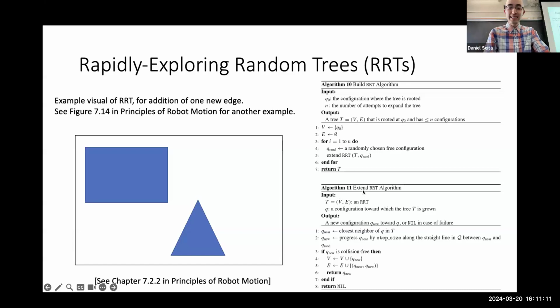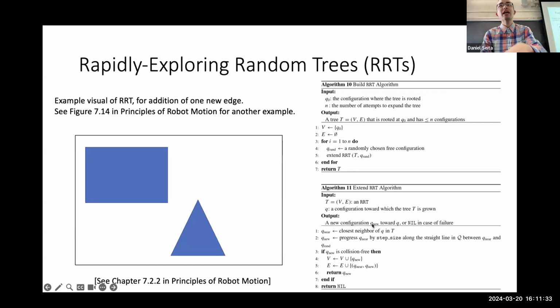When you actually try to extend it, you're given your Q, a configuration that you're trying to get the tree to go to or grow towards. I'm going to show videos of this later, so don't worry if this is abstract.